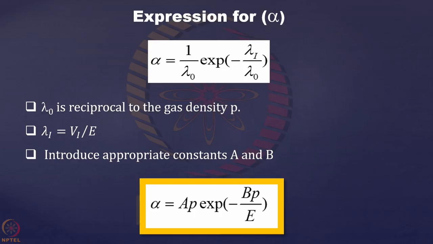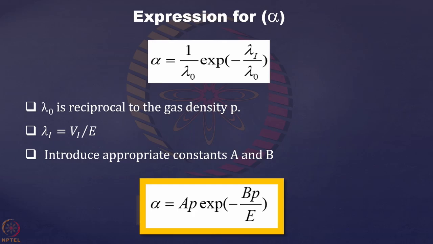Now when we come to the electric field, you know that the electric field can be presented as the voltage applied divided by the distance. What is the voltage applied? It is the voltage between the two electrodes between which you are causing the discharge. And D is what? D is the distance between the two electrodes.